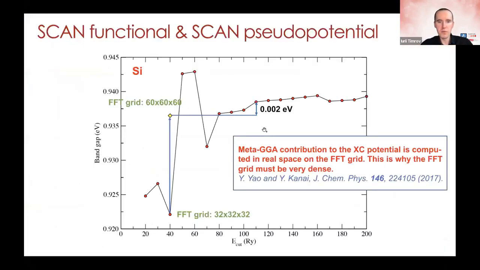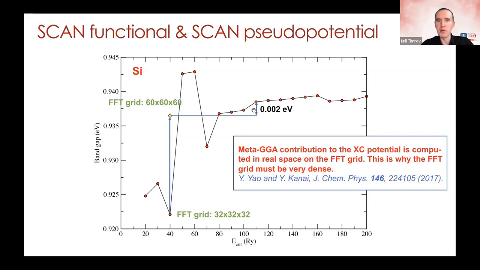By doing so, what we will find is that the value of the band gap has changed from roughly 0.923 to around 0.938, let's say, or maybe 0.937. So quite a big change. And you can notice that the new value, this yellow rhombus, is much closer to our converged value.